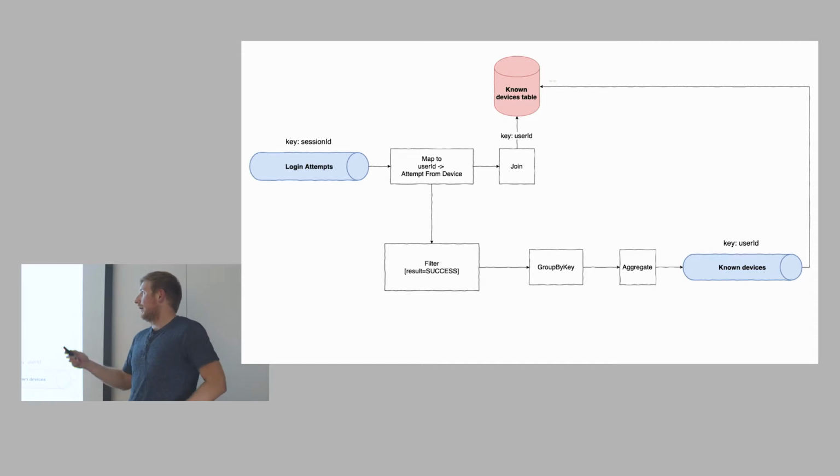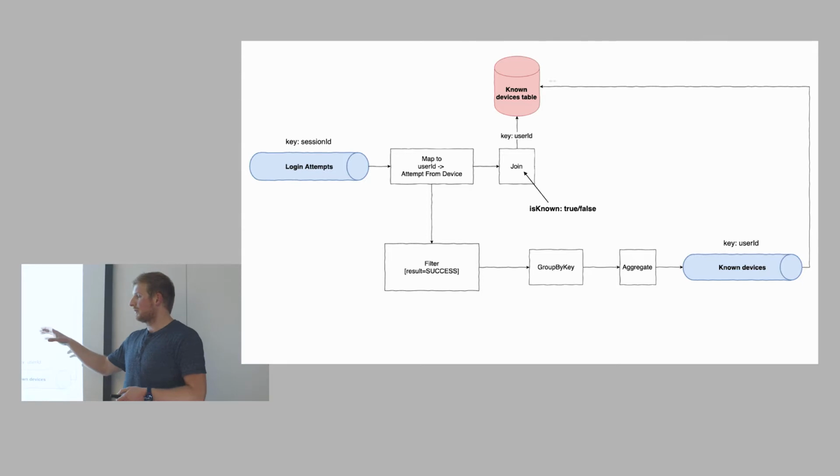Okay, so at this moment we have just received an aggregate for a given user. We can ask ourselves whether the particular device and this hash that we calculated in the step before is present in the aggregate or not. If it is present, we are sure that this device is known.